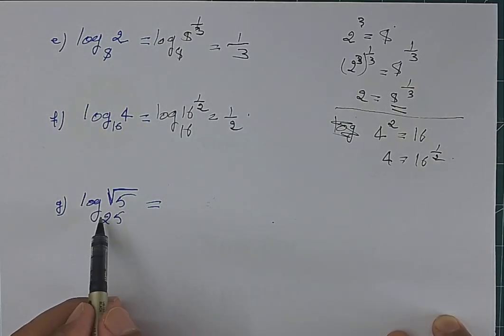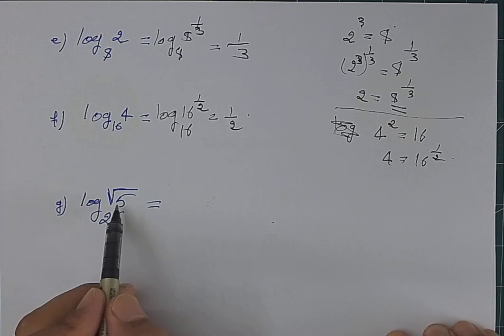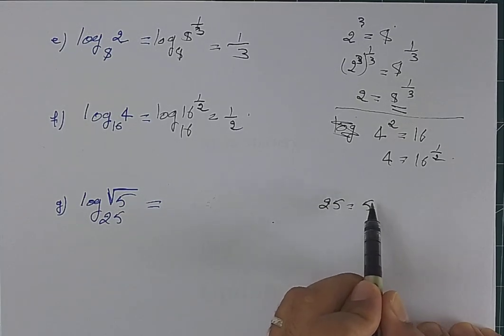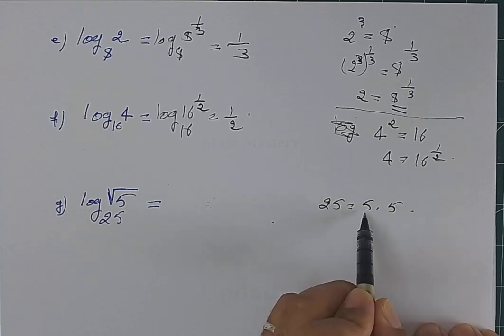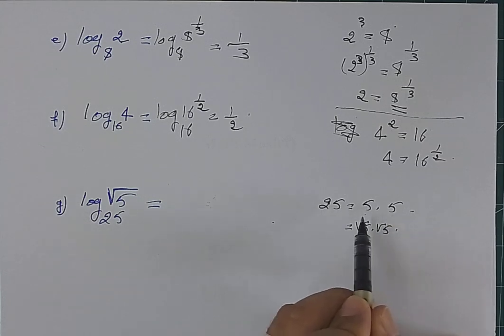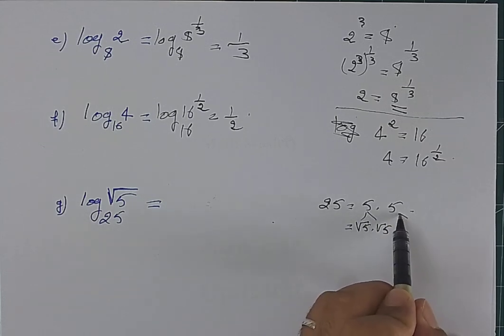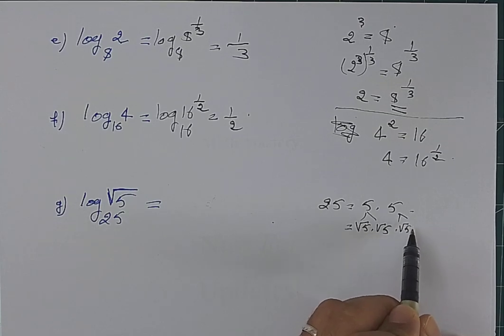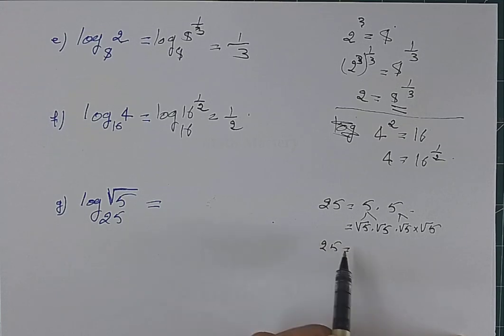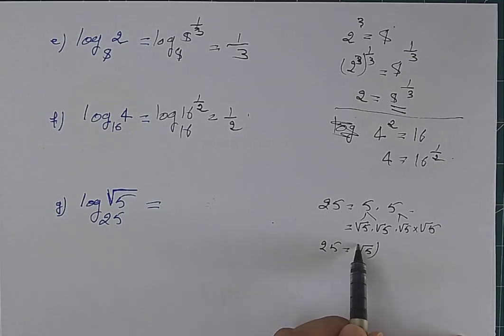The same thing here, we have 25. So 25 equals 5 times 5, and this 5 equals square root of 5 times square root of 5, and the other 5 also square root of 5 times square root of 5. So the total 25 equals square root of 5 to the exponent 4.